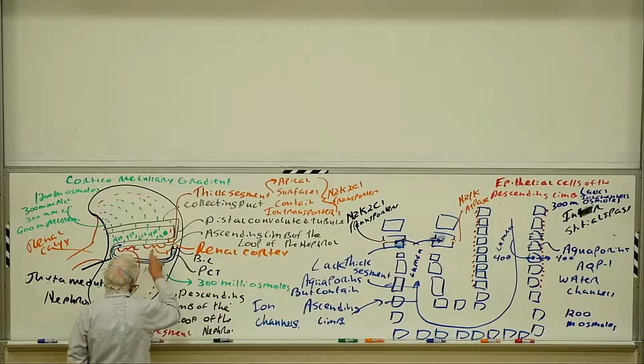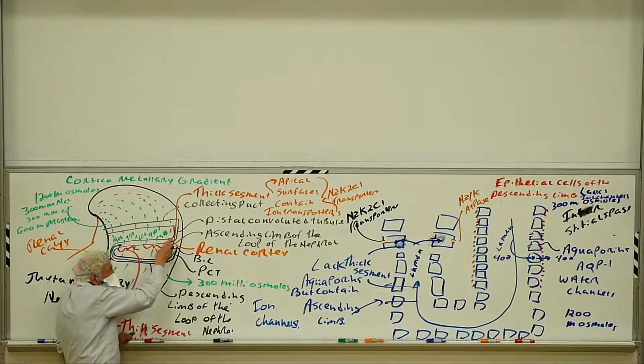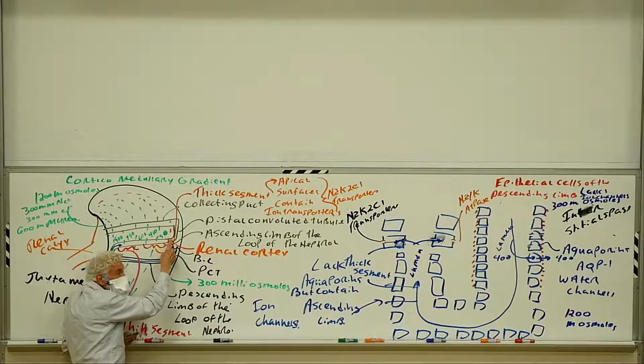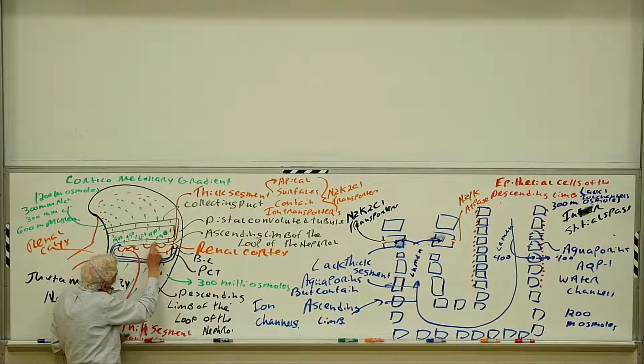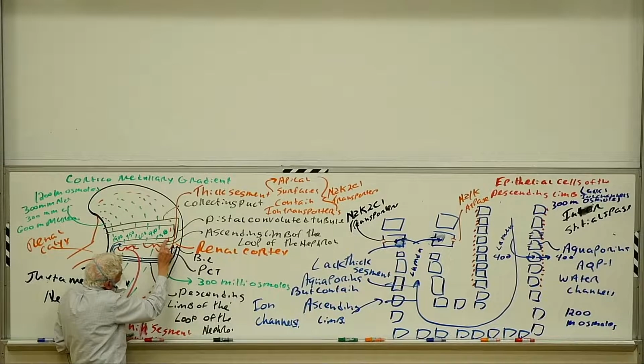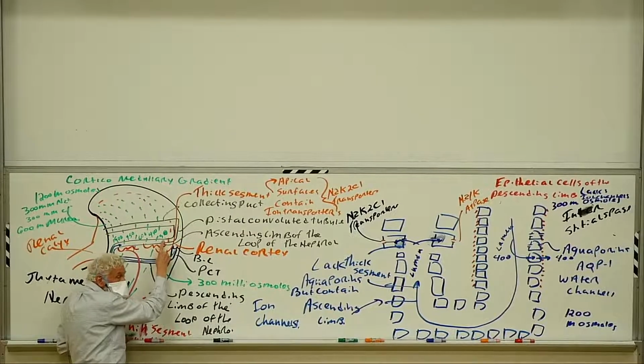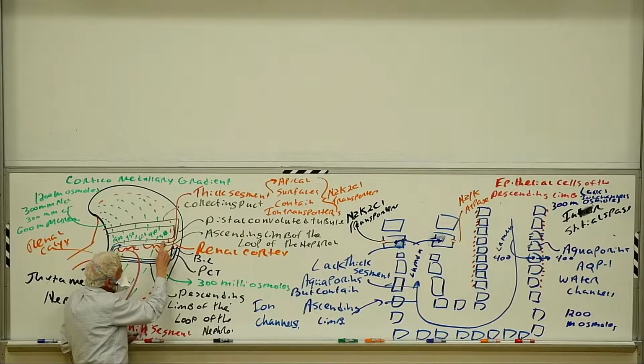So we're coming to equilibrium, but as we approach the distal convoluted tubule, these transporters are so efficient that the concentration of ions in the lumen of the ascending limb falls to about 50 millimolar sodium and 50 millimolar chloride.